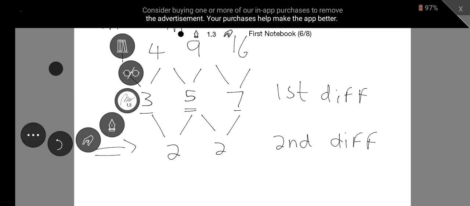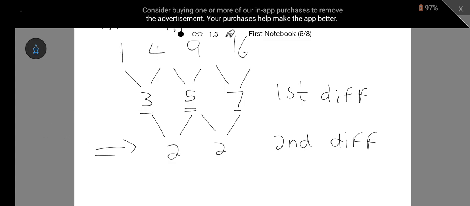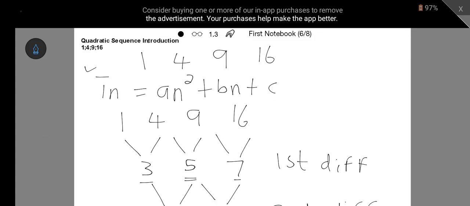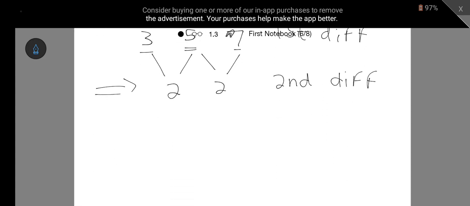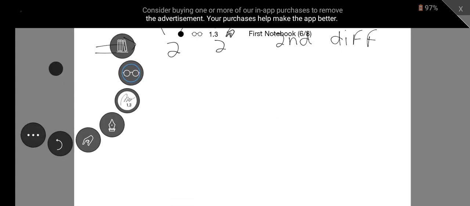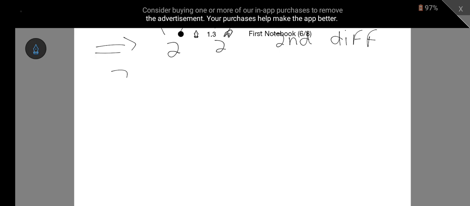So here, we have our defining formula, Tn equal to an squared plus bn plus c. The first thing we will do in all cases when you're determining the equation of a quadratic sequence is say that 2a is equal to the second differences.